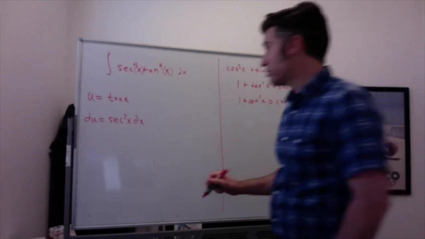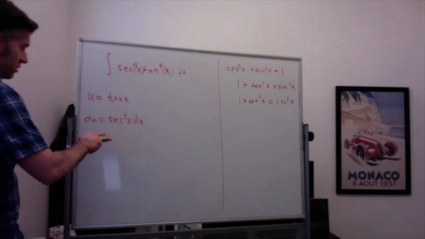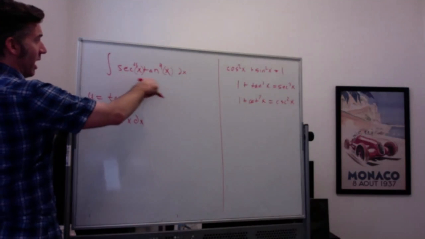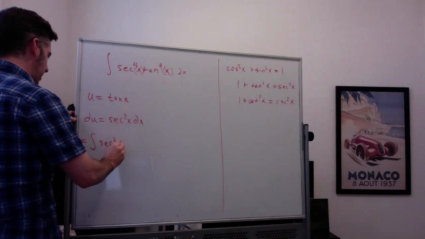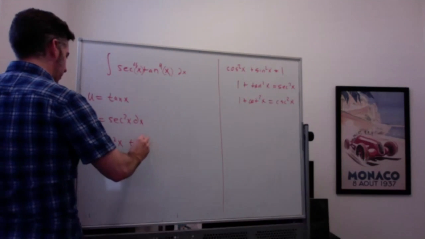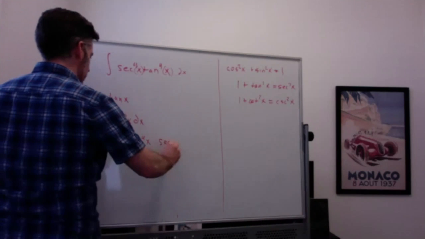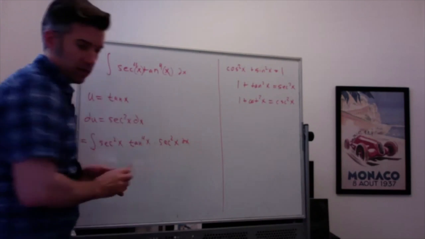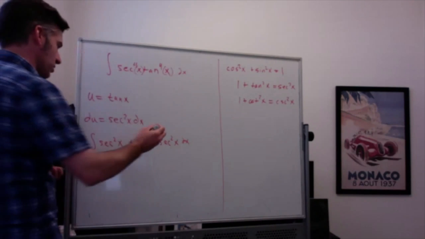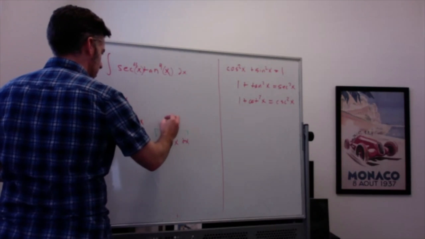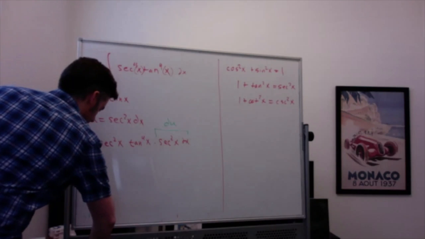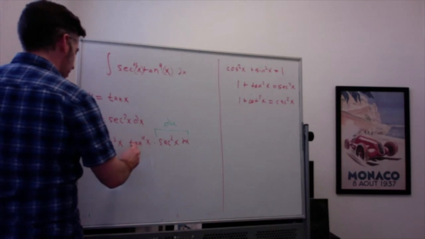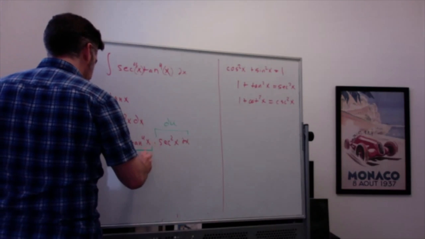So here, du is secant squared. So I'm going to rewrite this as the integral of secant squared x times tangent to the 4th x times secant squared x dx. And then it's just replacing things with u's. There's my du. Tangent to the 4th, that's going to be u to the 4th.